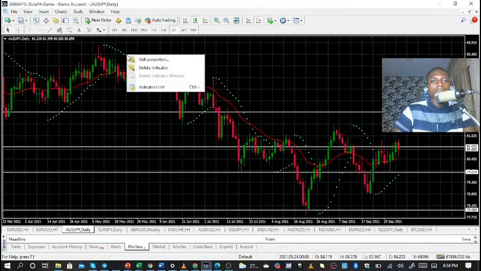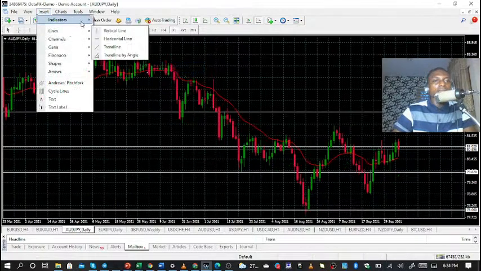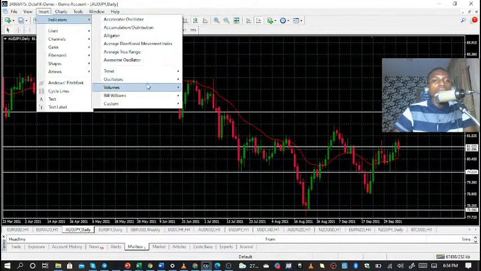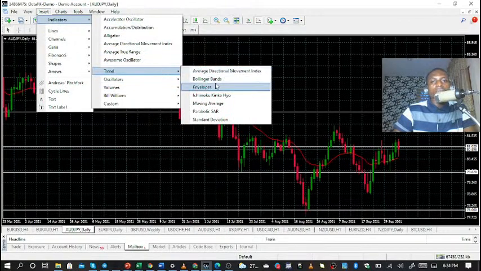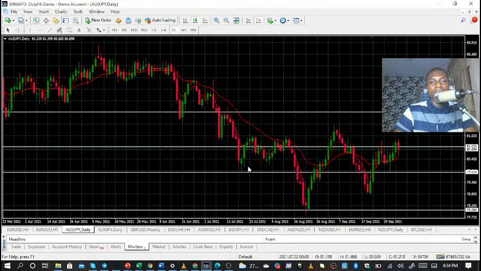All right, so you can use the moving average too. Now, let me remove the parabolic SAR, and sometimes some persons use two moving averages. One, let me use 5. So we have 21 and 5. Okay, cool.